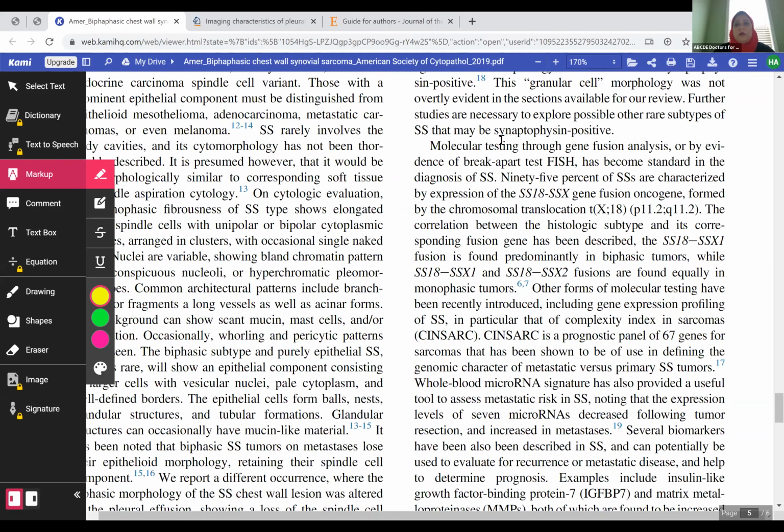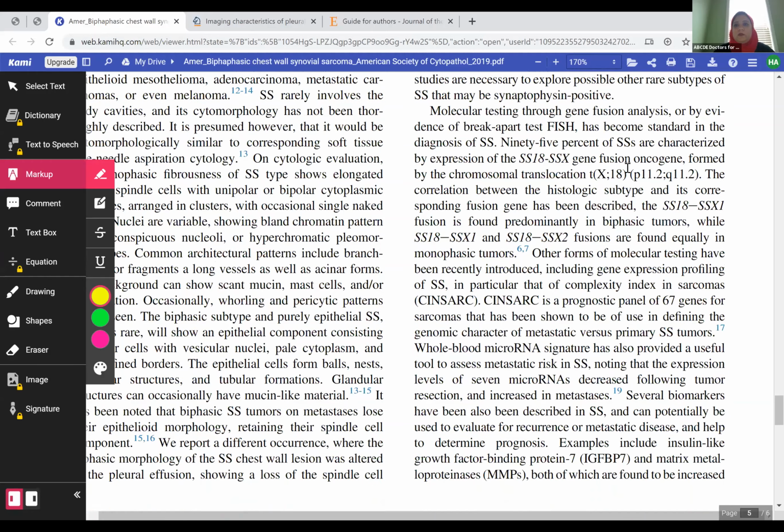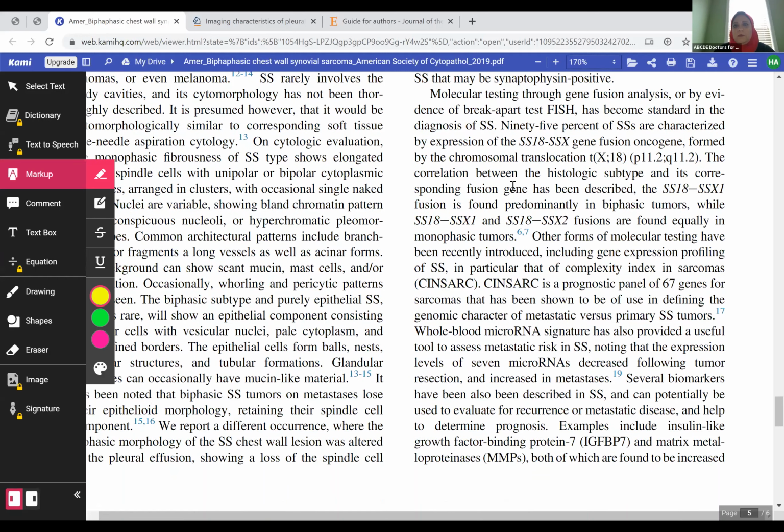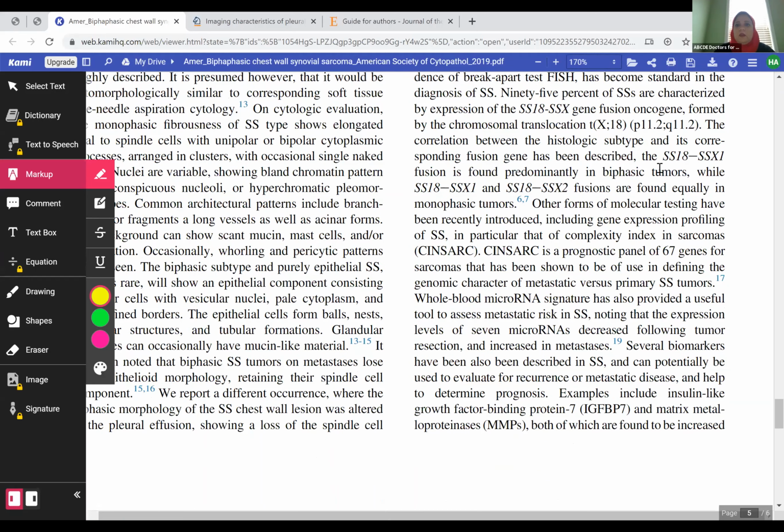All right, now we're talking about molecular testing. Okay, so gene fusion analysis or break-apart FISH has become standard in the diagnosis of synovial sarcoma. Obviously, we're talking about in the US, but 95% of synovial sarcomas are characterized by this gene fusion. Okay, and then I talk a little bit more about the difference between the biphasics and the monophasics.